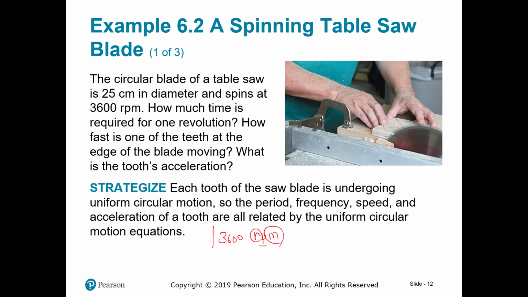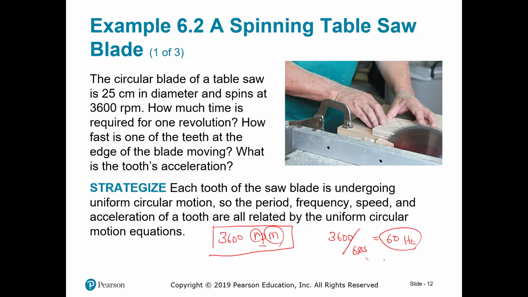So this RPM concept is almost the same as frequency. The only difference is that RPM is revolutions per minute, which means revolutions per 60 seconds, but frequency is revolutions per second. So if you convert RPM by dividing by 60 seconds instead of a minute, you see this is going to be 60 hertz.